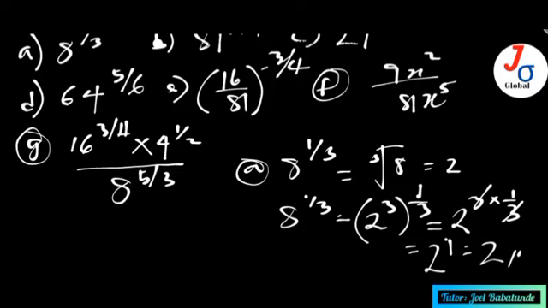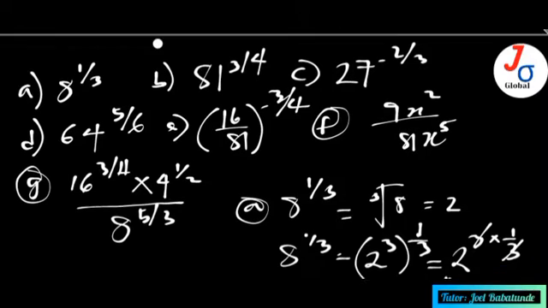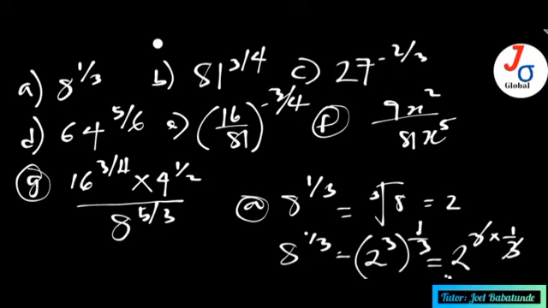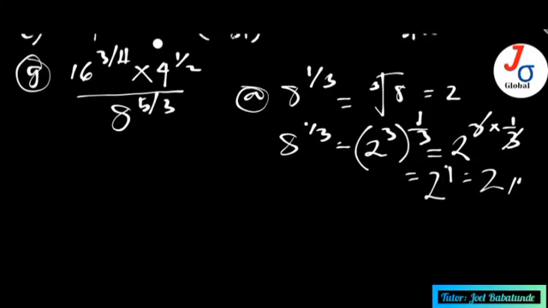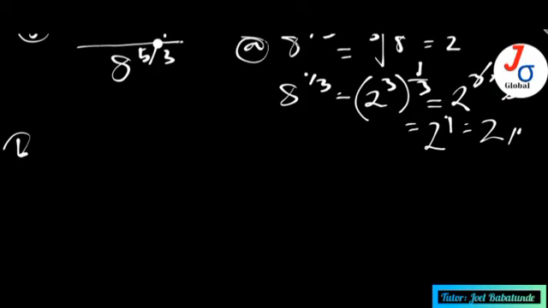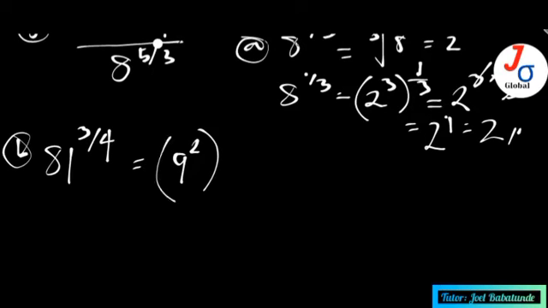Then we could pick the second question, which is 81 to the power of 3/4. We could write this as 9 to the power of 2, because 9 to the power of 2 is 81, and so raised to the power of 3/4.